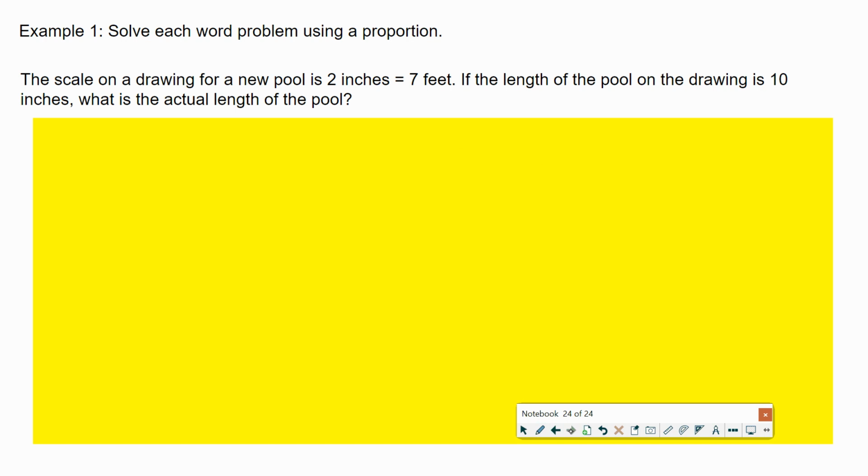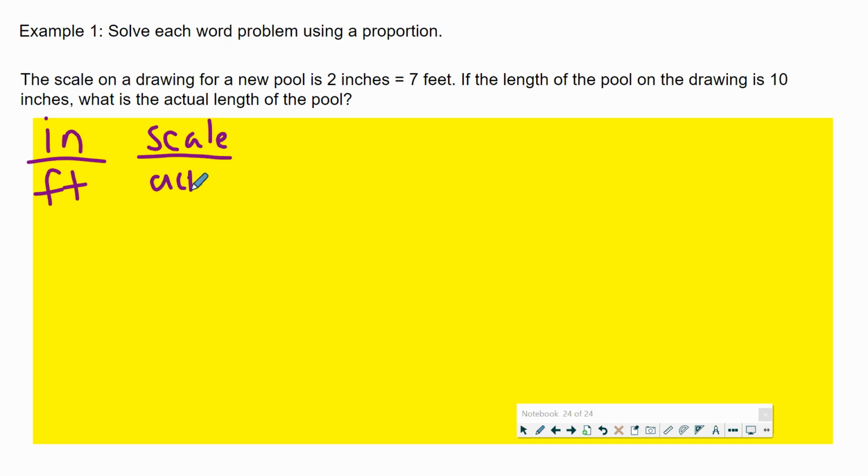So the scale in a drawing for a new pool is 2 inches equals 7 feet. If the length of the pool on the drawing is 10 inches, what's the actual length of the pool? So in this case, I'm going to write inches over feet. I could do scale over actual, because that's another way to represent it. So I'm going to do 2 over 7.